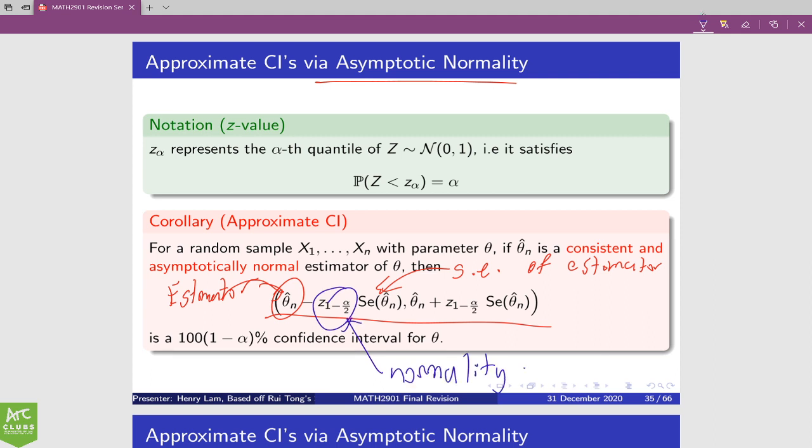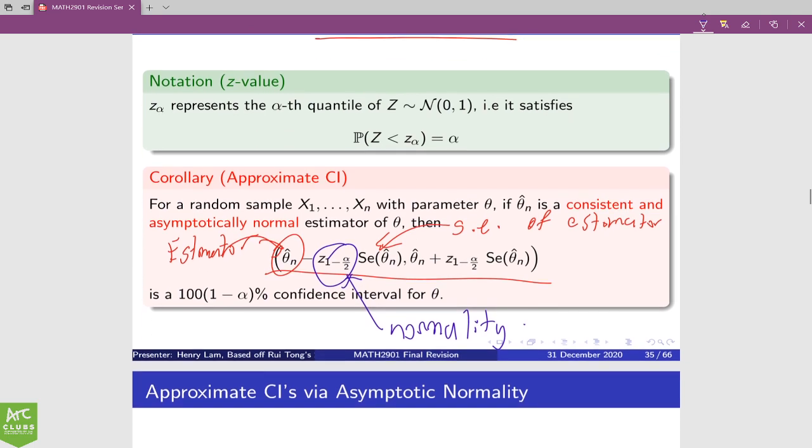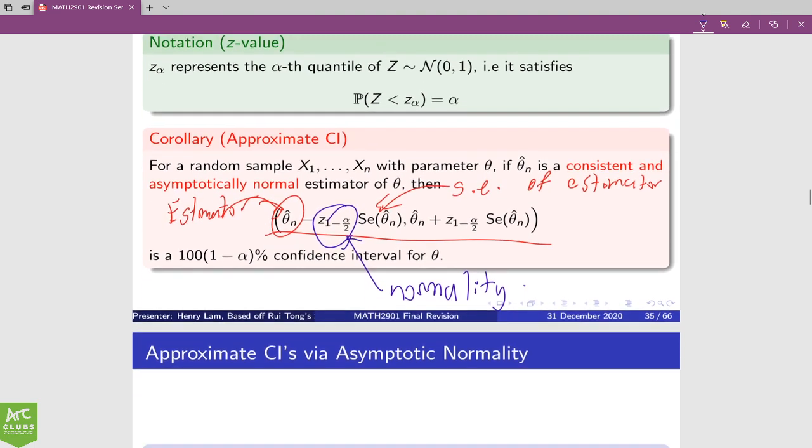You just pretend it's normal in the long run. You assume that you have a bunch of observations, and hence it's normal. So we plug it into the normal setting. It's literally the same thing, just plug in your estimators instead.